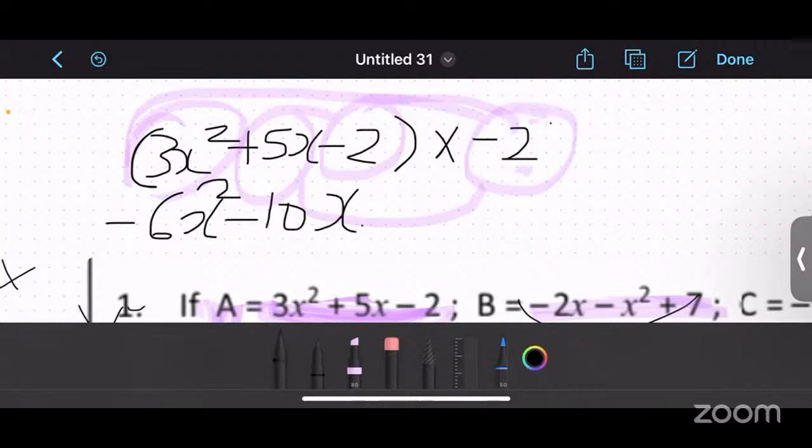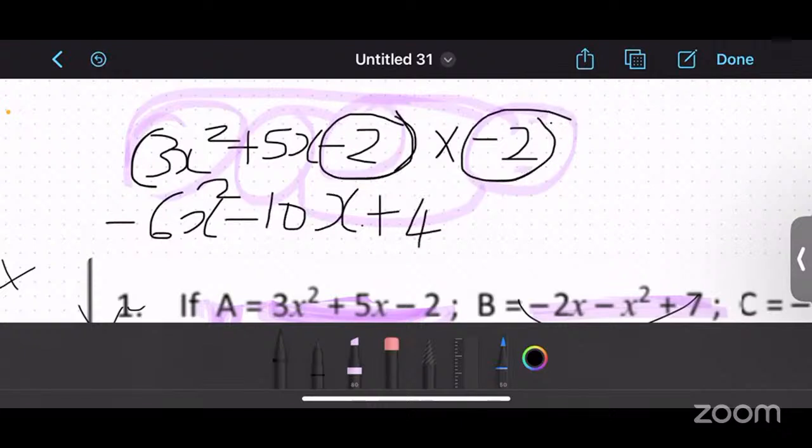And again I'm going to multiply -2 with a -2. Then I'm going to have positive 4, because a negative multiplied by a negative gives a positive. So that's why my answer here is +4. And basically, this is my answer simplified.